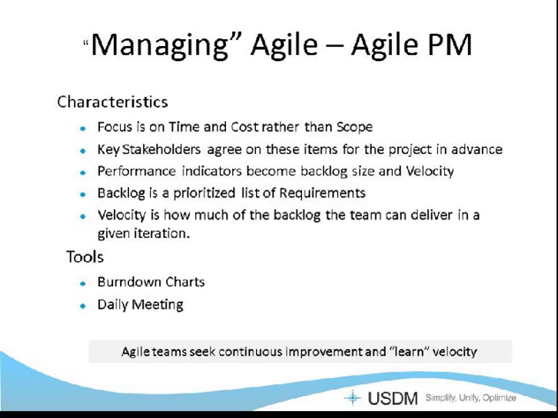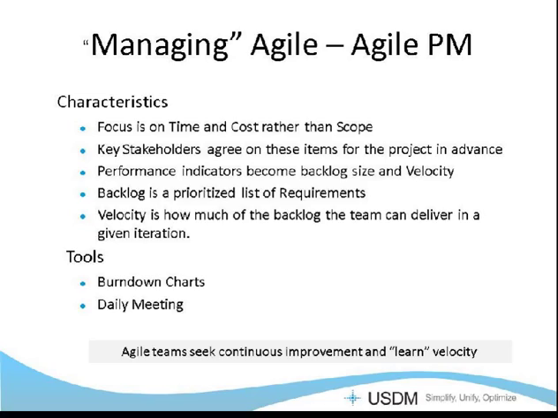So that's really the beginning of it, and so we don't necessarily have a scope. We have a list of high-level requirements, or again, a product backlog, and we start the project based on those key elements. We agree on what those items are in advance.